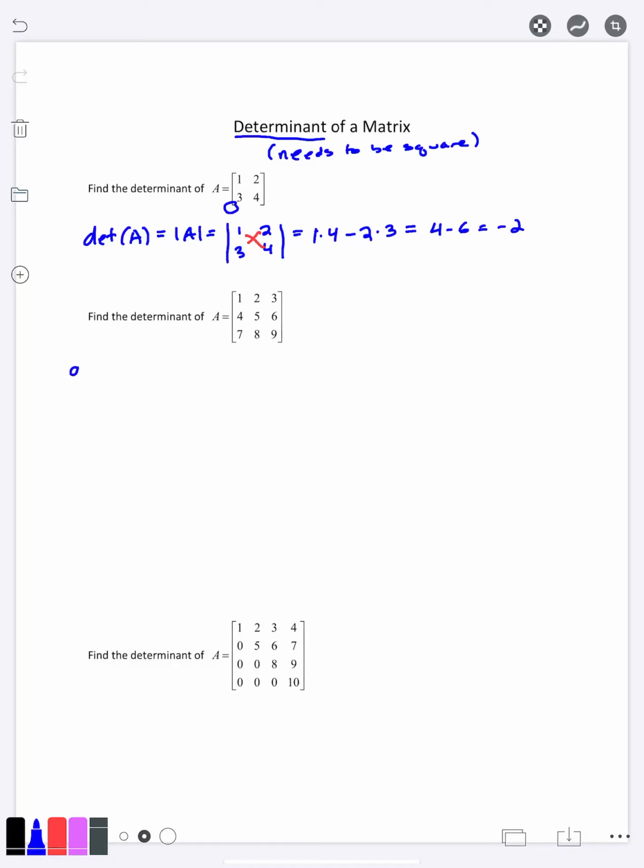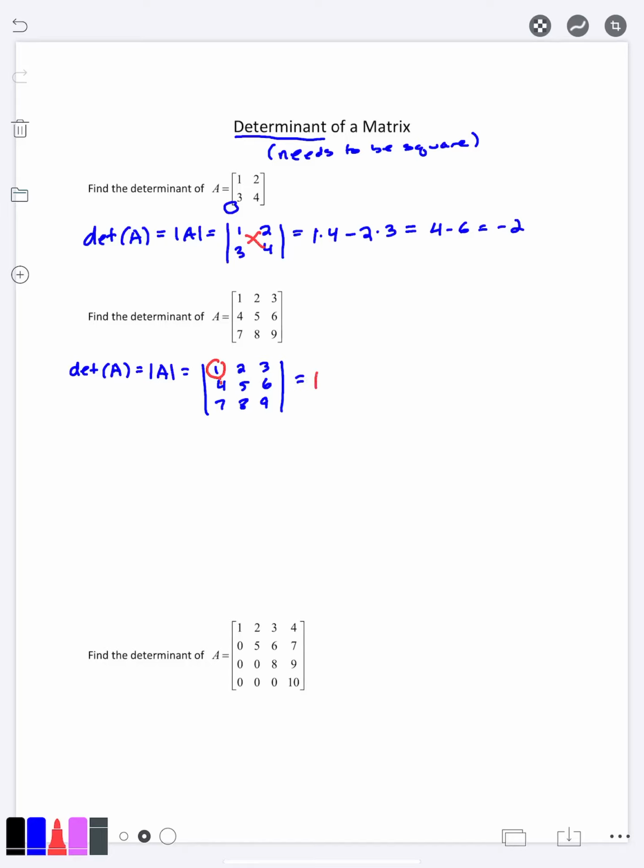For a 3 by 3, it is going to start getting much more involved, and I'm going to show you two ways to find it. The second way is probably a little bit easier, but the first way is more general. The idea is you look at the first row, look at the first number, and write that number down.